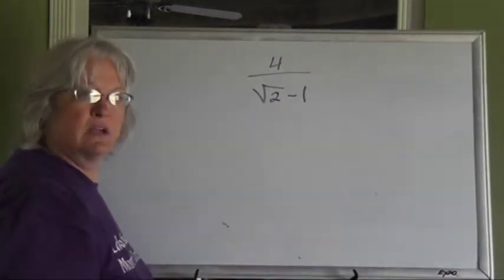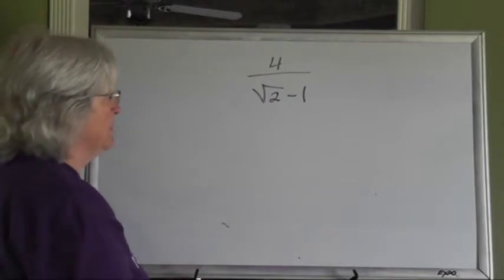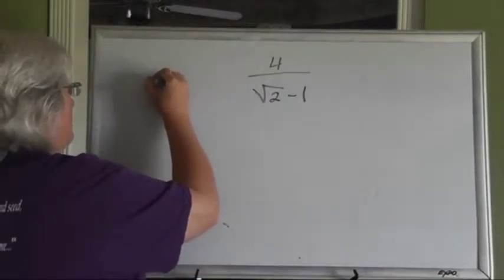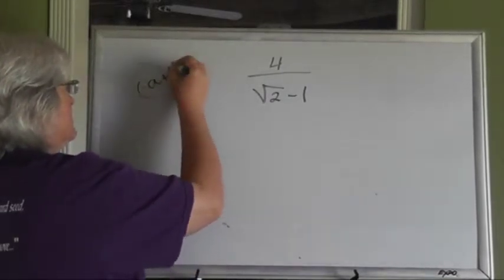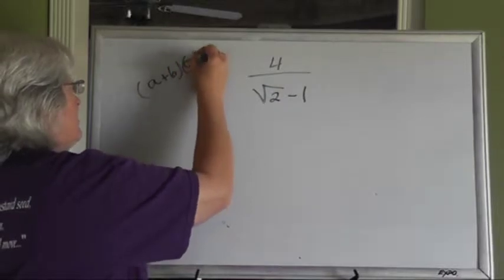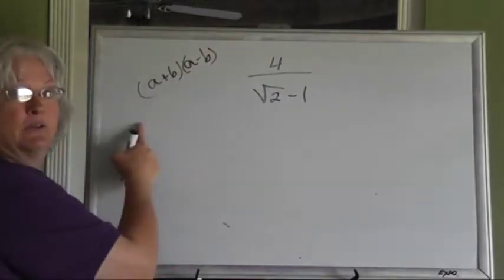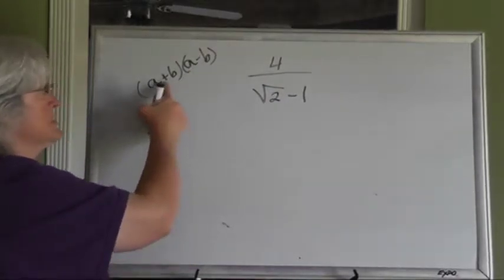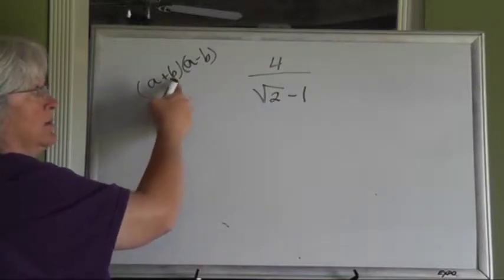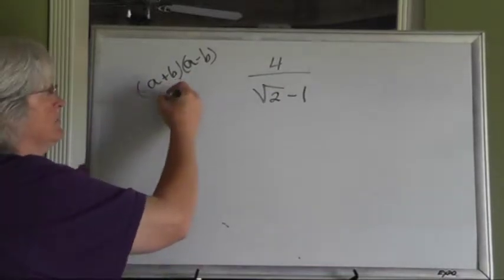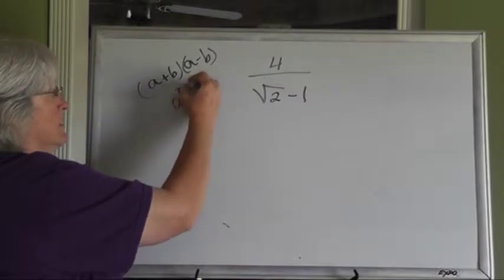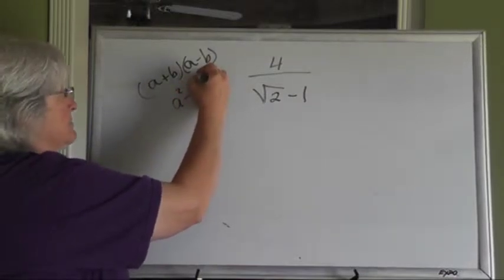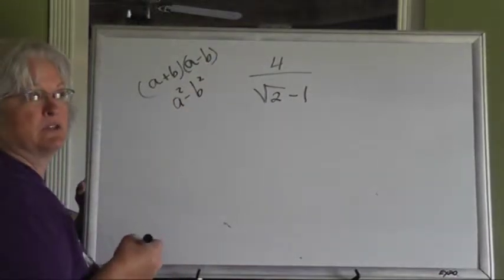But using that really cool special product, the difference of two squares, where if you have two binomial factors where the only difference between them is the sign, when those multiply together you have a squared minus b squared.